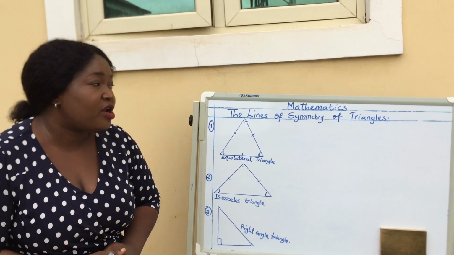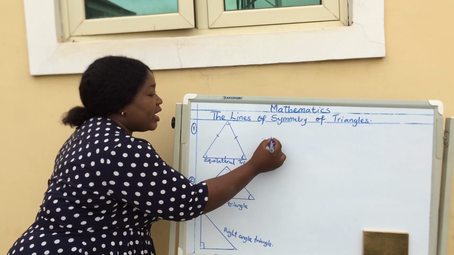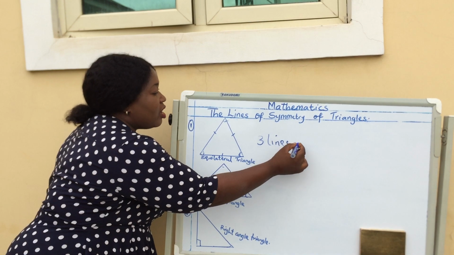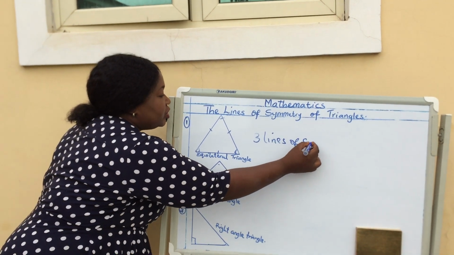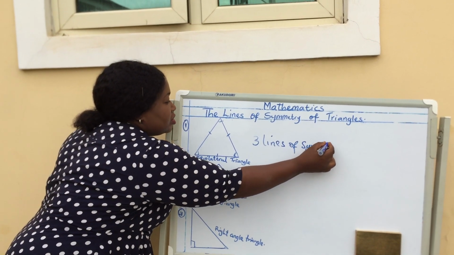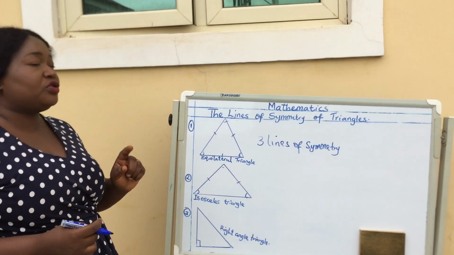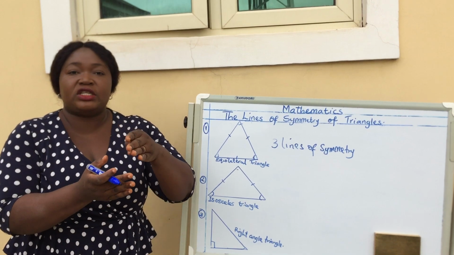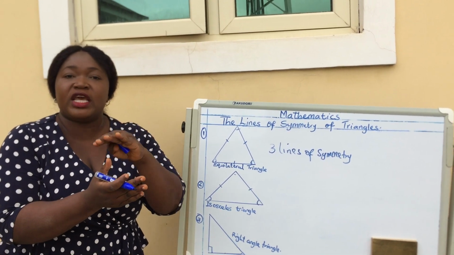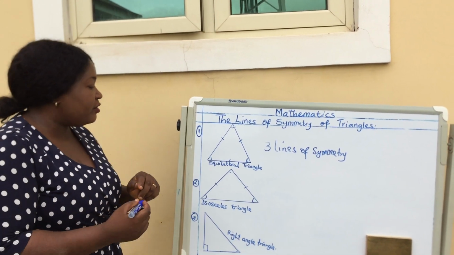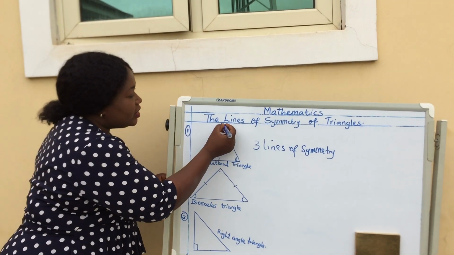What did I say? Three lines of symmetry. It has three lines of symmetry, which means you can fold it in three ways to obtain equal halves.